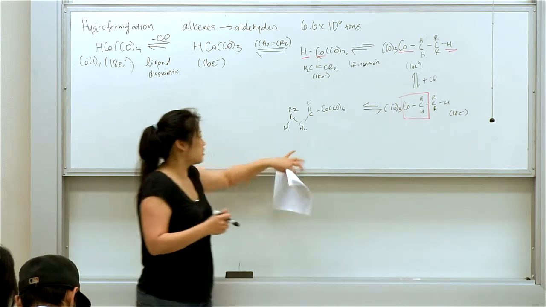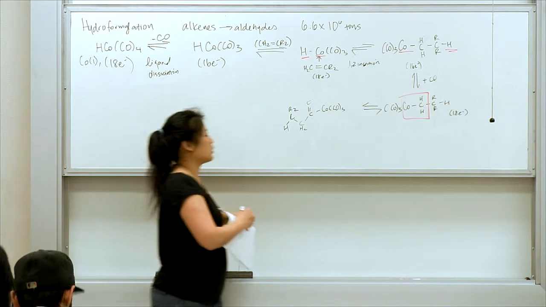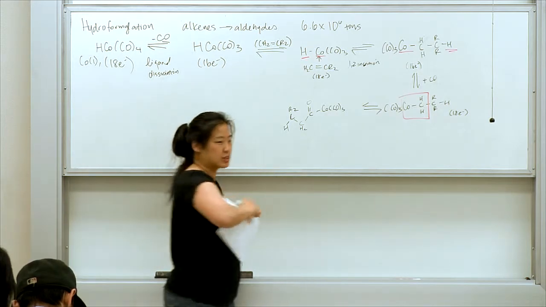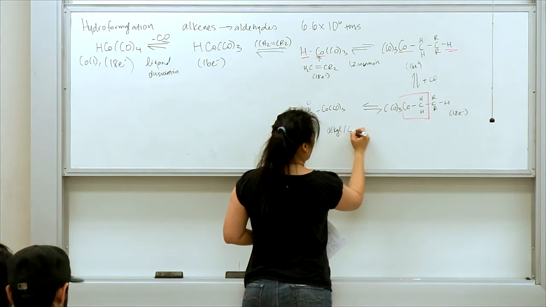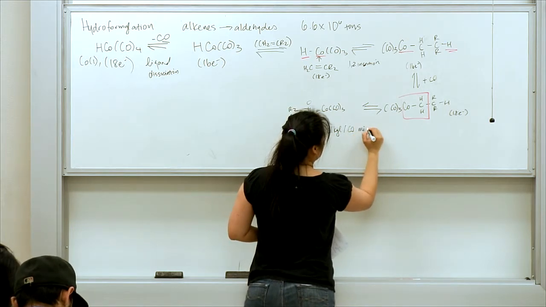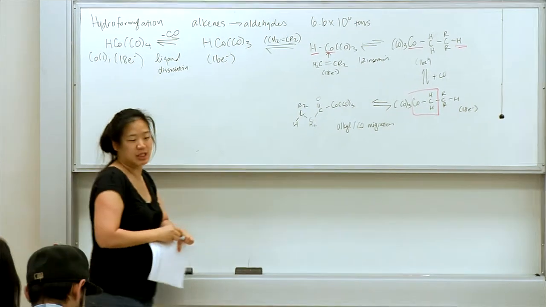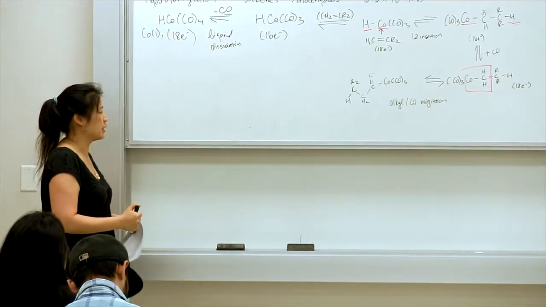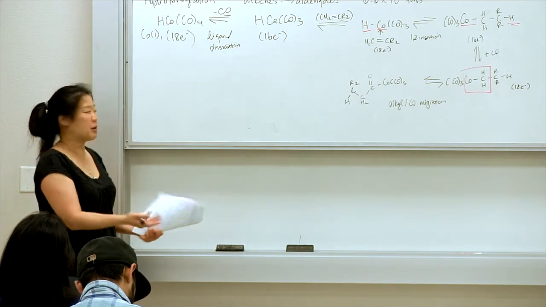So this is the one where, just remember that you can either call this an alkyl migration or a CO migration. And if you remember when we started looking at this reaction at first, it's actually hard to tell the mechanism. It's sort of subtle, it's sort of which one moves. Does the CO move into the metal carbon bond of the metal alkyl, or does the alkyl move into the metal CO bond?